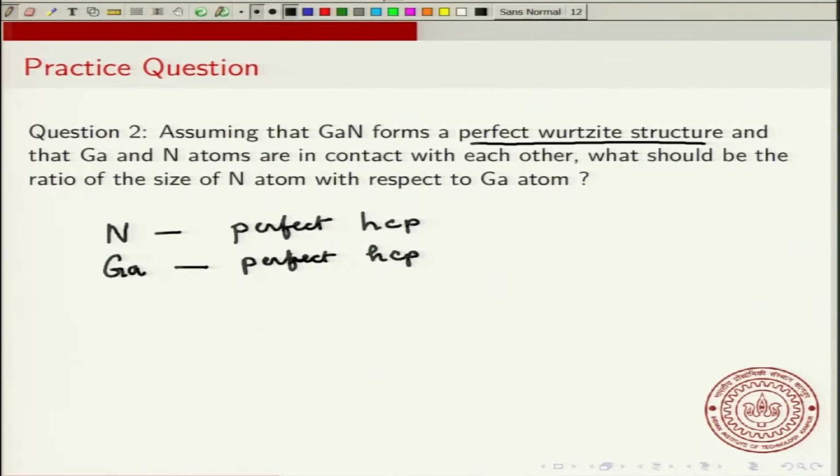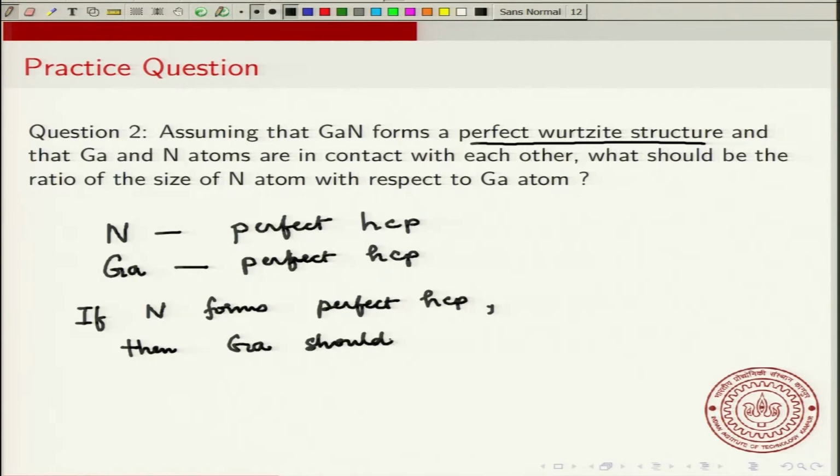So let us say we take nitrogen as the larger atom. If it forms a perfect HCP, then gallium should occupy tetrahedral voids.